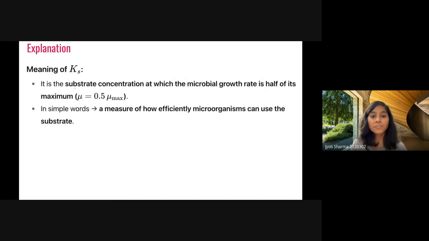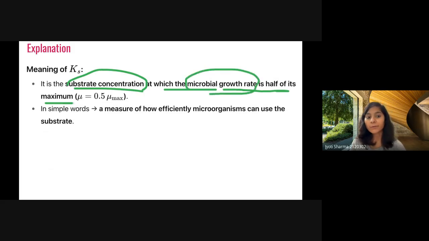This is the substrate concentration at which the microbial growth rate is half of its maximum. So this will be the concentration of your substrate when the microbial growth rate is half of its maximum. It simply means a measure of how efficiently microorganisms can use the substrate. That is defined by the Ks.